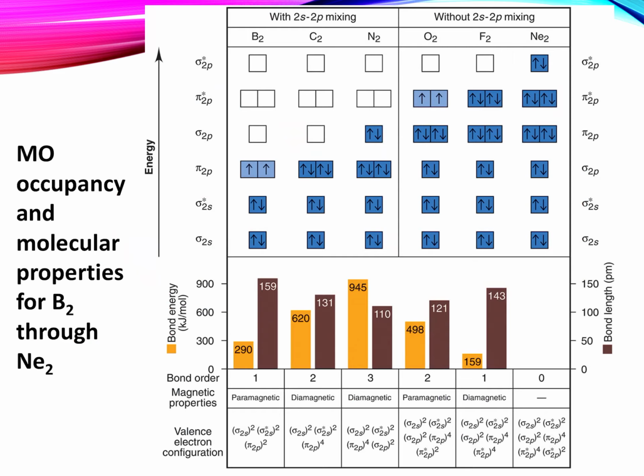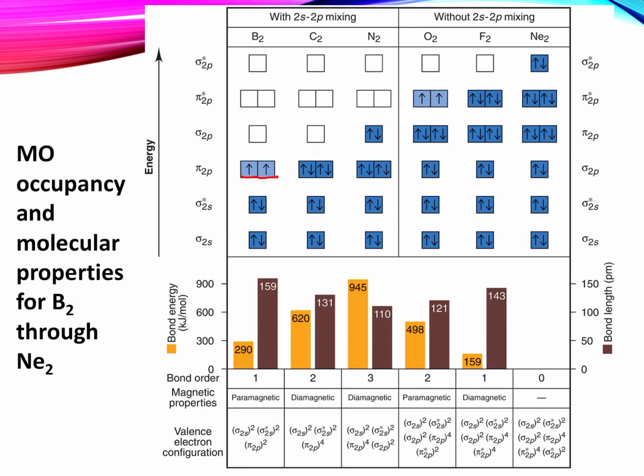So boron, carbon, nitrogen, they're on the left. With 2s, 2p mixing, we go sigma 2s, sigma star 2s, and then it goes pi 2p and sigma 2p. When we have the pi 2p, we have two lines that we're going to put.